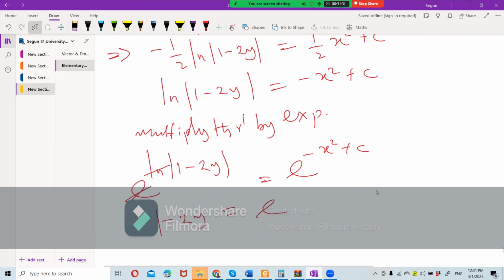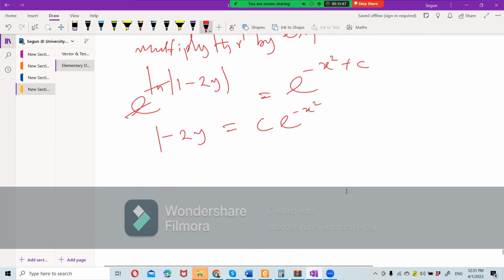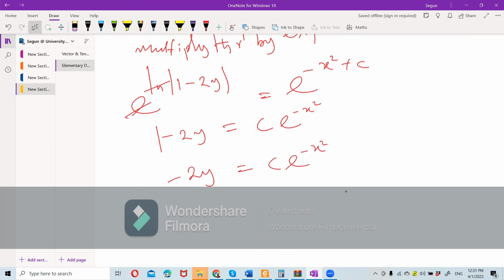So we have it to be c exponential minus x squared. In this case, we need y to be equal to something. So if we need y, we can take 1 to the other side. We have minus 2y equals c exponential minus x squared minus 1.